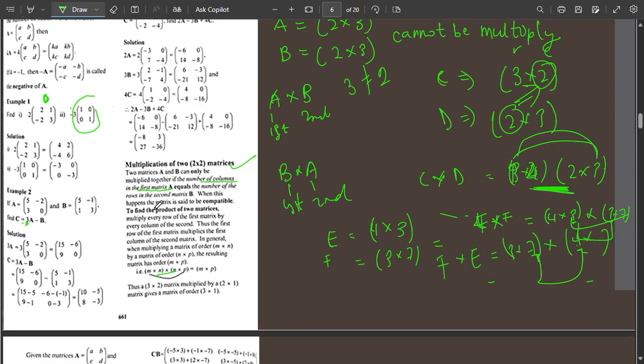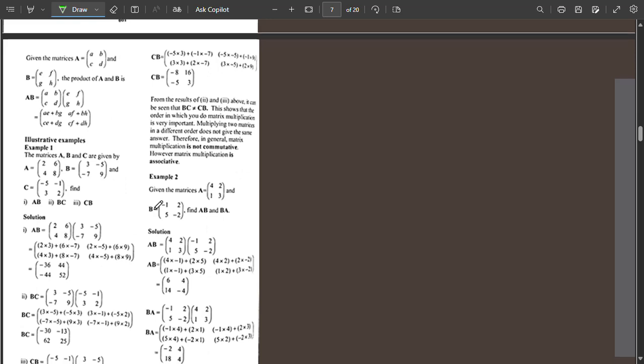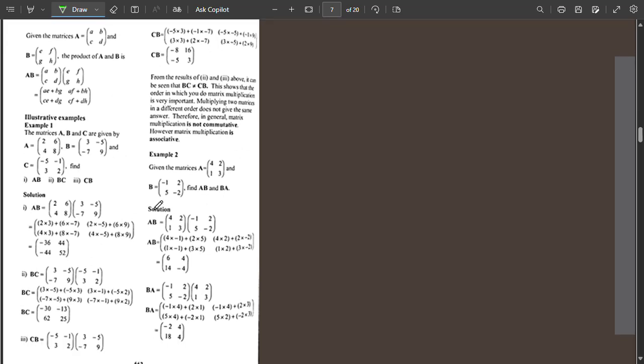So let's move on to the general multiplication process.